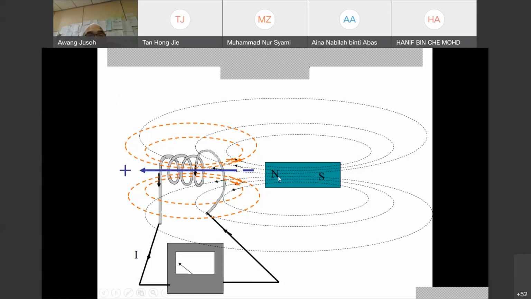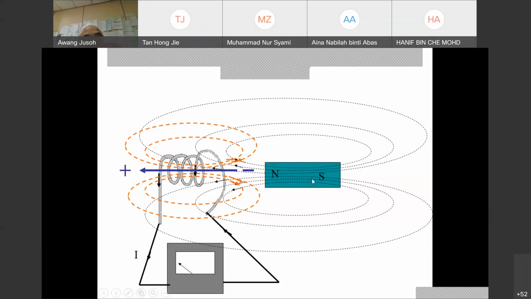If we move this magnet bar toward this ring or solenoid, as you know just now, when the change of flux happens, and this is Faraday's law, it produces voltage there. Faraday's law states that the voltage will be induced in this coil, provided it is a short circuit, the current must be a closed loop. If you have an open circuit, you cannot see the current. So the circuit must be a closed loop.